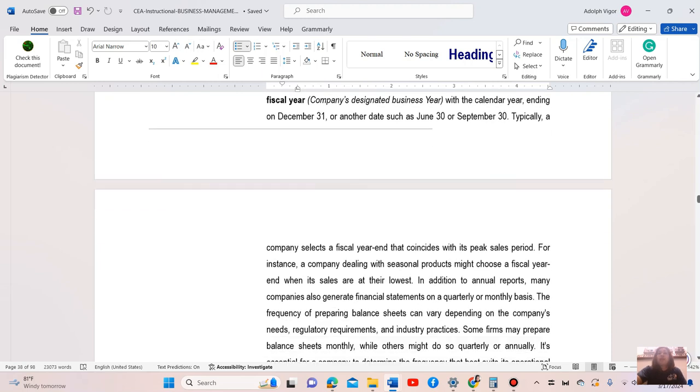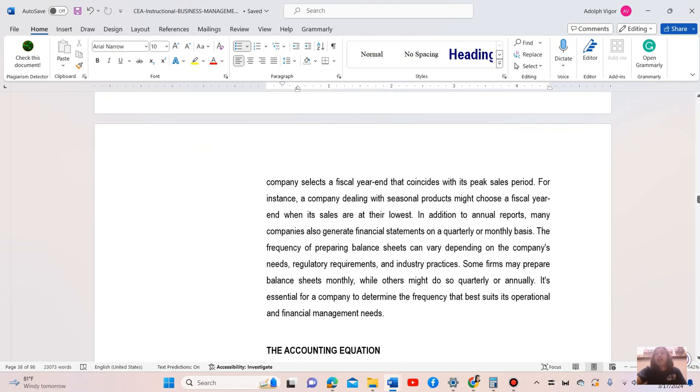But typically, a company selects a fiscal year end that coincides with its peak sales period. For instance, a company dealing with seasonal products might choose a fiscal year end when its sales are at their lowest. In addition to annual reports, many companies also generate financial statements on a quarterly or monthly basis.